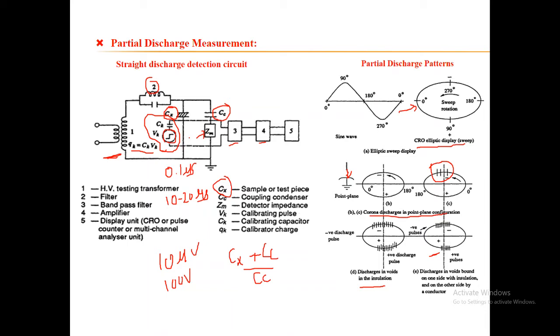So if you are measuring indirectly, you have to multiply Ck × Vk with this factor. If you are directly supplying this known charge to the high voltage terminal of the test sample, then this factor is reduced to 1.